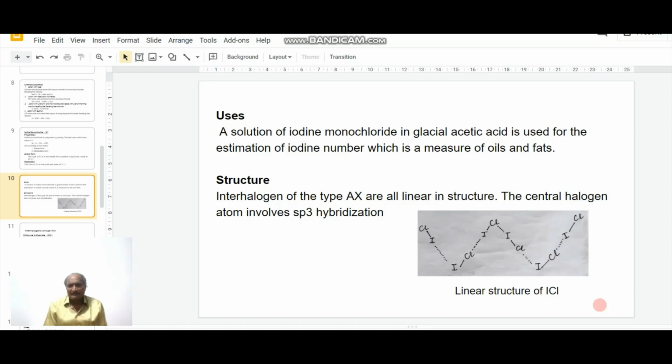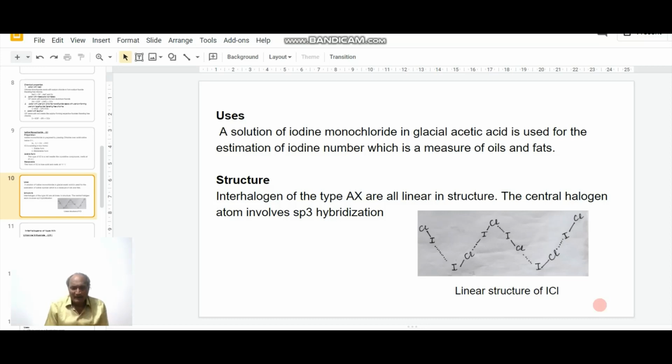The following figure shows a linear structure of iodine monochloride, where iodine of one molecule of iodine monochloride is linked with the iodine atom of another iodine monochloride molecule.